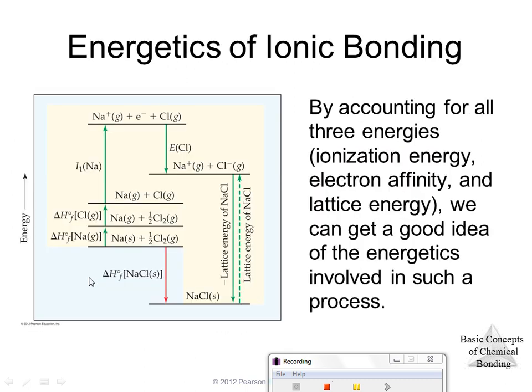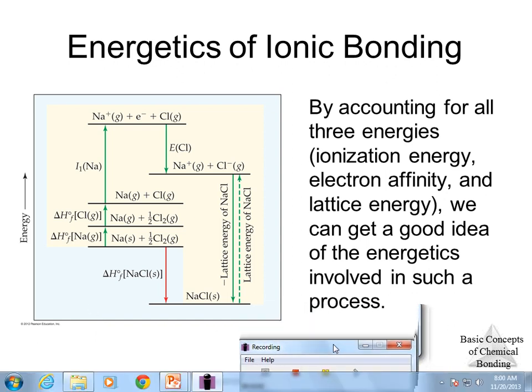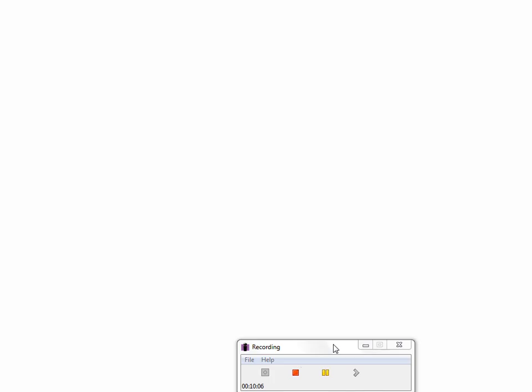So when we write these out, I'm not going to really go over the Born-Haber process with you. I don't think that's a critical part of this, and I'm not going to go over that too much from your book, but I do want to talk about how this value goes in with the lattice energy and how we come up with these numbers. So here's how lattice energy works.